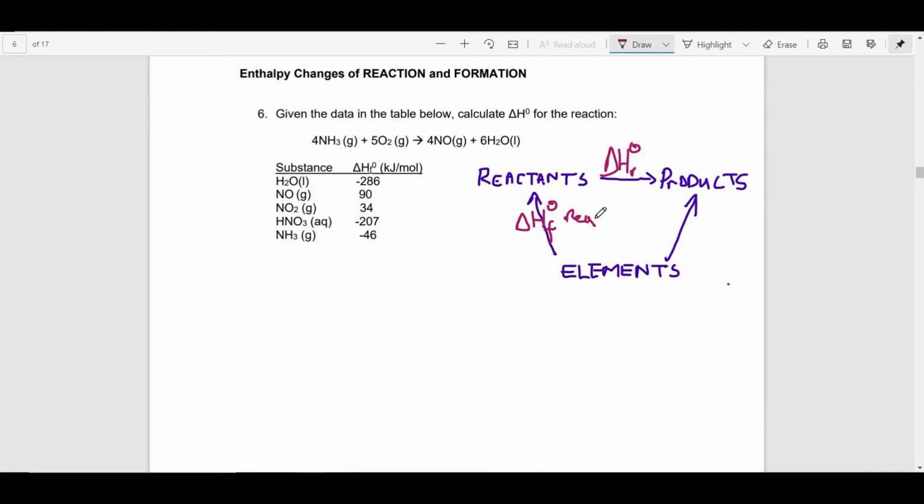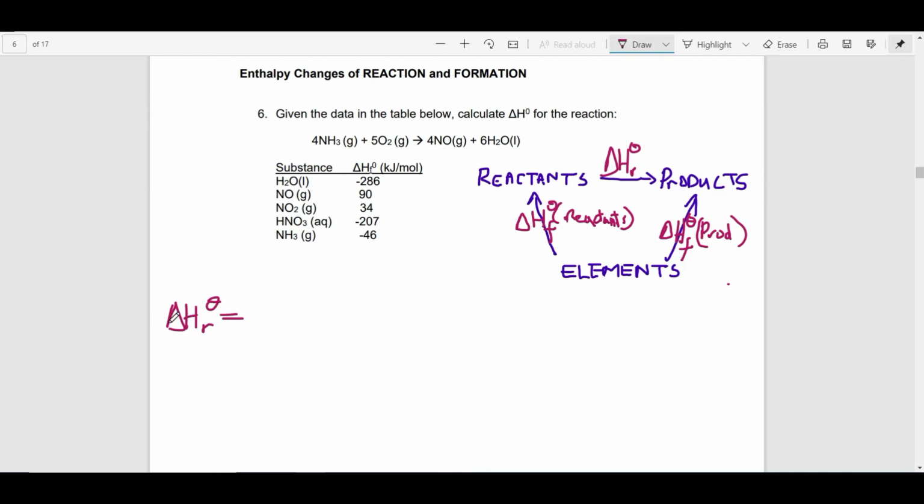And on the other side will be the enthalpy changes of formation for the products. I'm just going to add PROD for products.